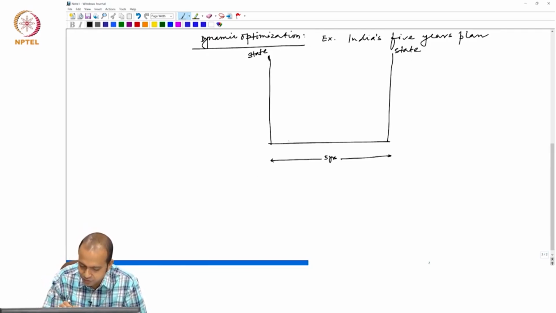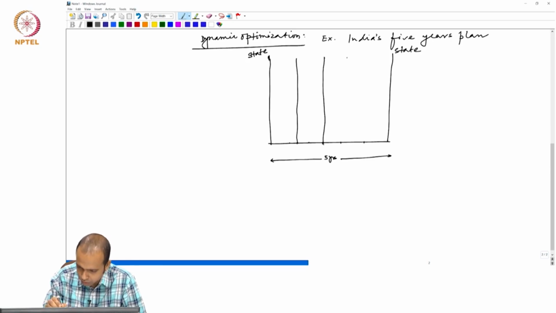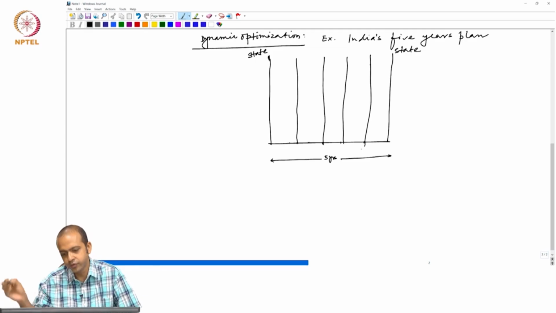So, this 5 year period is divided into, let us say, 1, 2, 3, 4. So, this is 1 year, 2 year, 3 year, 4 year and 5 year.